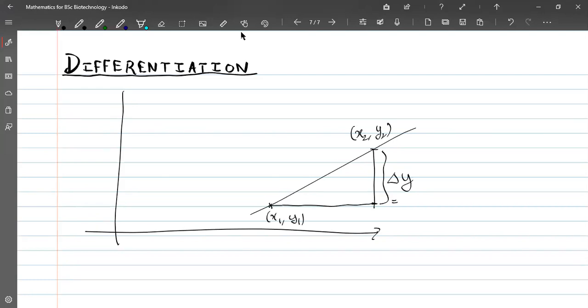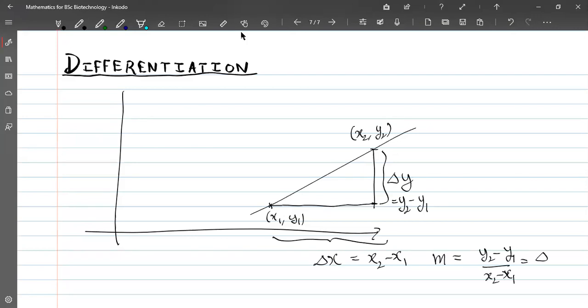Then delta y is y2 minus y1. Similarly, the difference in x is x2 minus x1. So the slope of a straight line is y2 minus y1 by x2 minus x1, as we know, and in this other notation, it is delta y upon delta x.